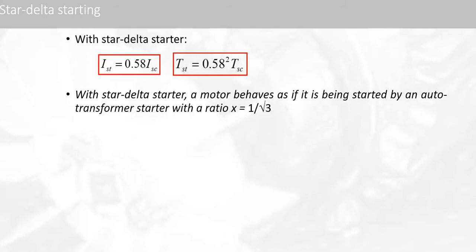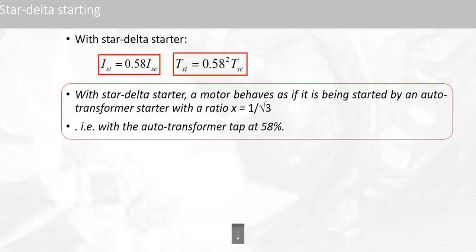Both the results are almost the same, with the ratio x equal to 1 by root 3. In previous cases, instead of 0.58 we use x, and instead of 0.58 square we use x square when we use auto transformer starting. Here x is replaced by only 0.58. So the difference is that x is replaced by 1 by root 3.